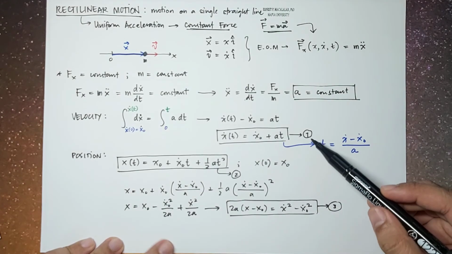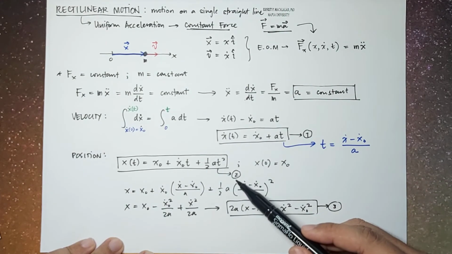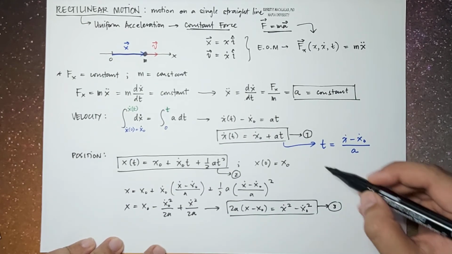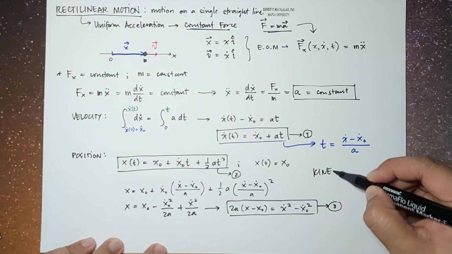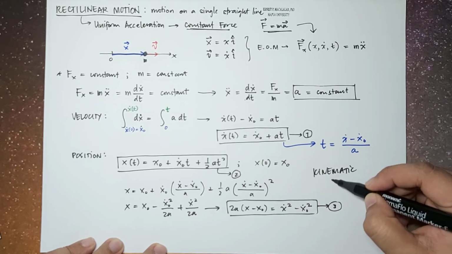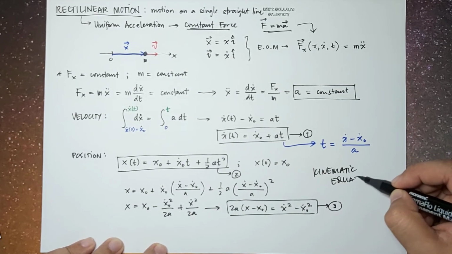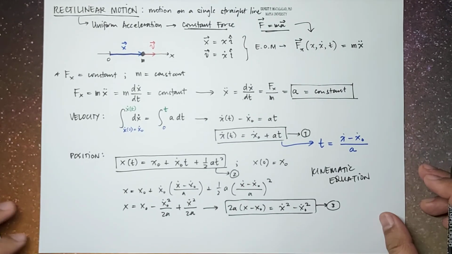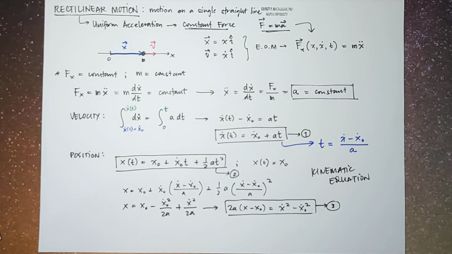Equation number 1, as you will notice, together with equation 2 and equation 3, are the familiar kinematic equations which have been introduced to you in your high school and your university physics classes.